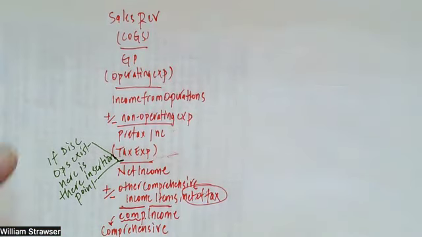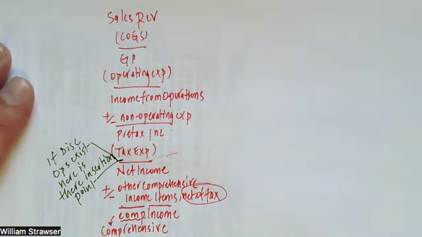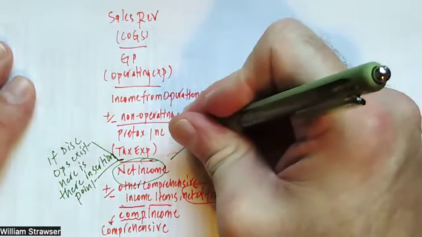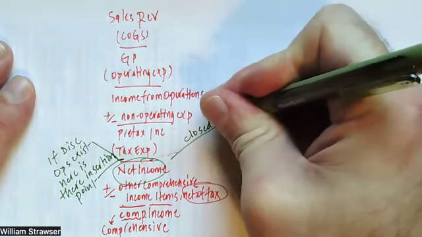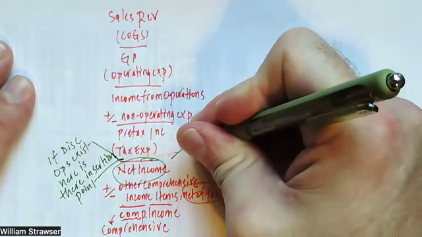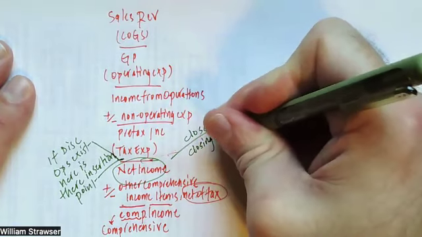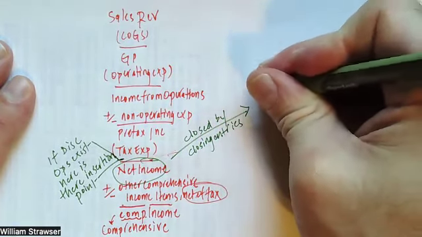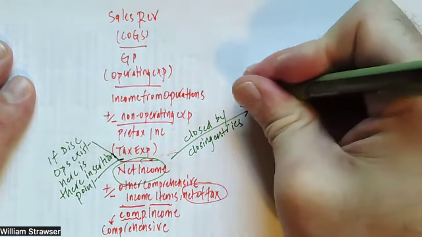Now, net income, remember in the closing process, net income is closed by closing entries into retained earnings. Right?